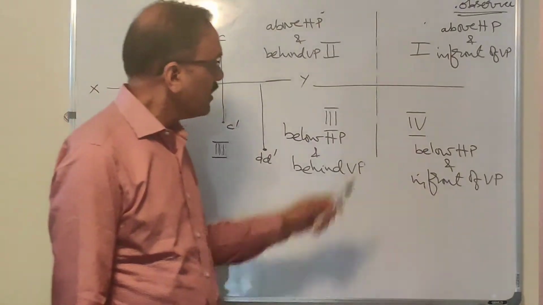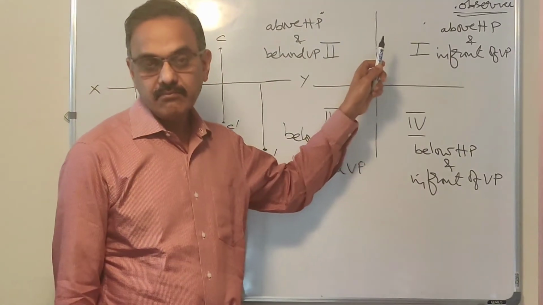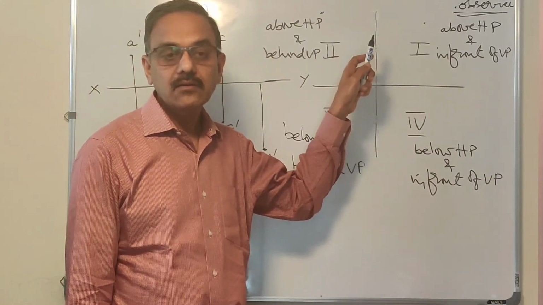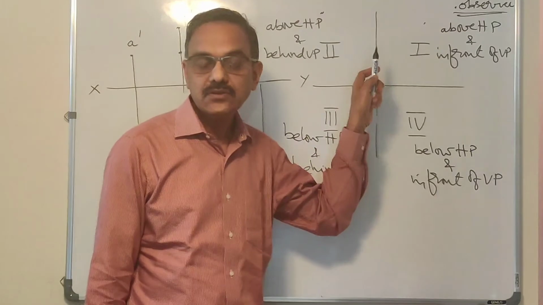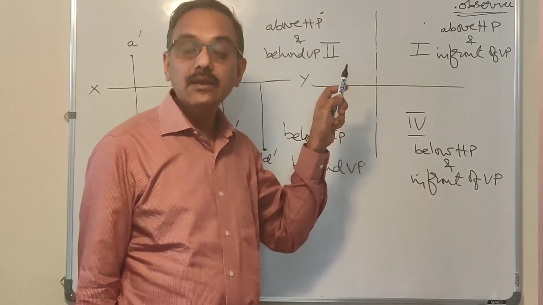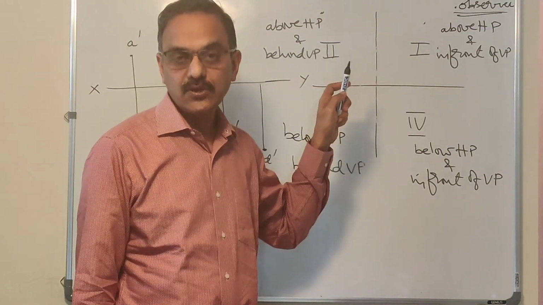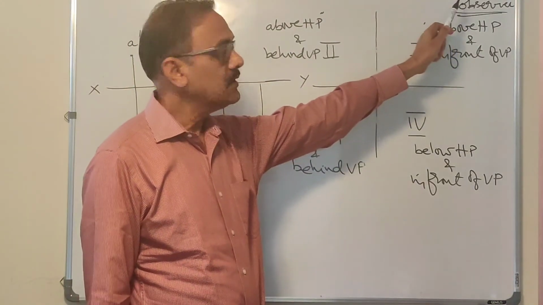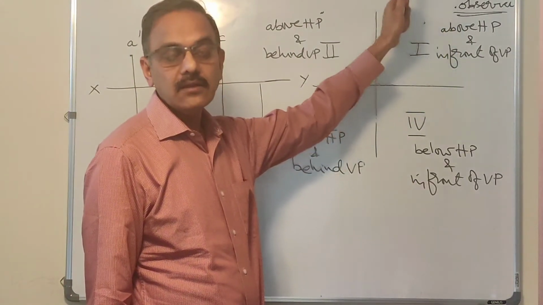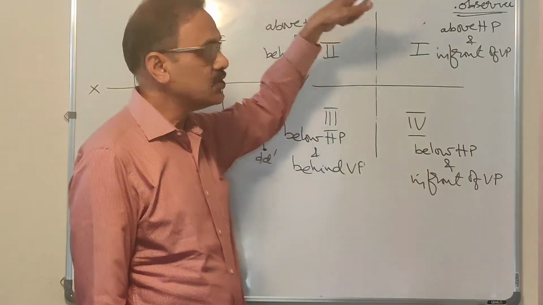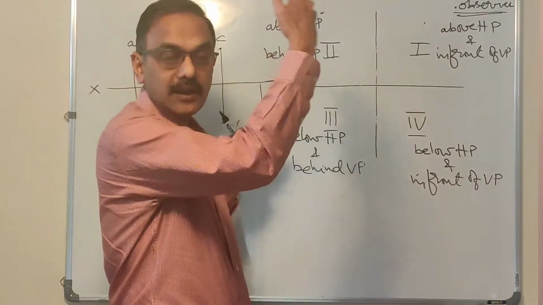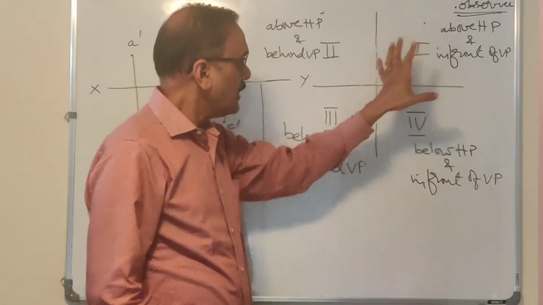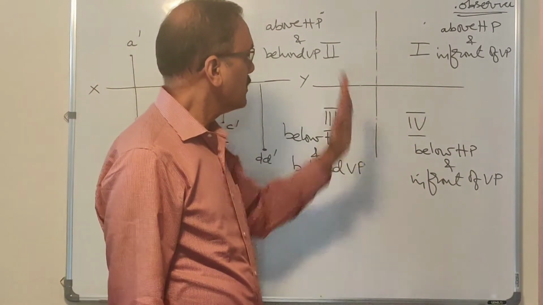Now, when we take first angle projection, or when a point is there in the first quadrant, what are the relative positions? The object is in between the observer and the plane of projection. This is the position of the observer. He is there on the top right, so his position is on the top and also on the right. So when a point is there in the first quadrant, this is VP.